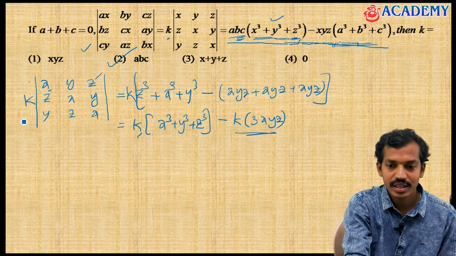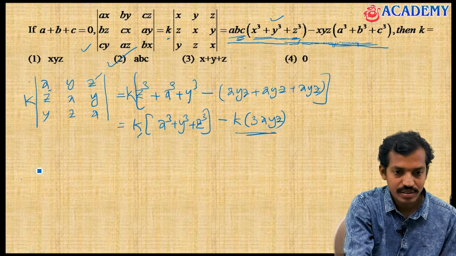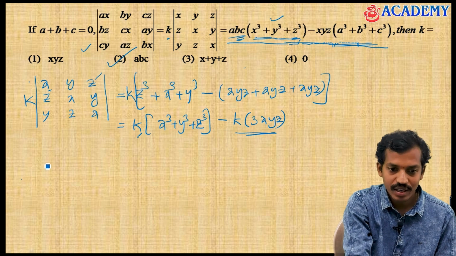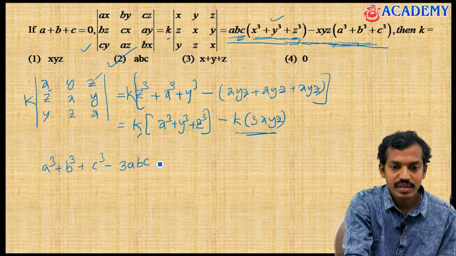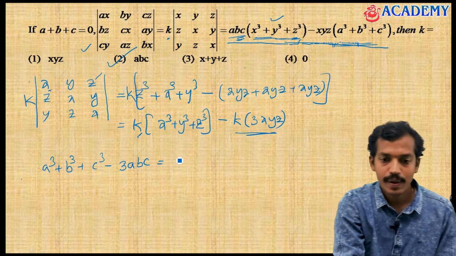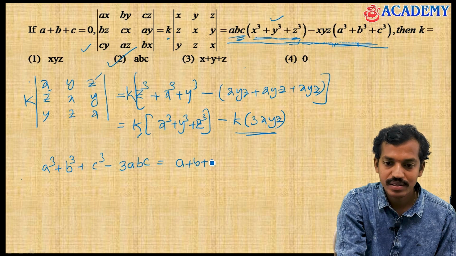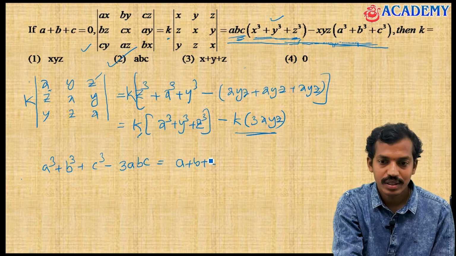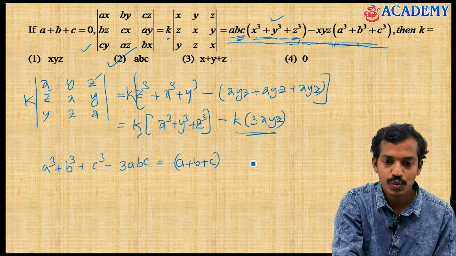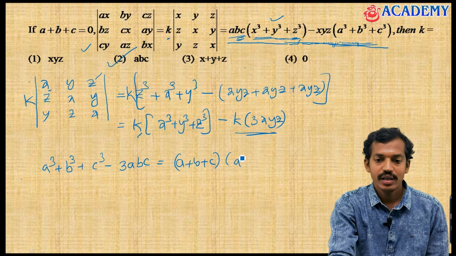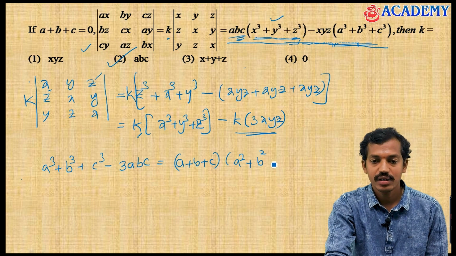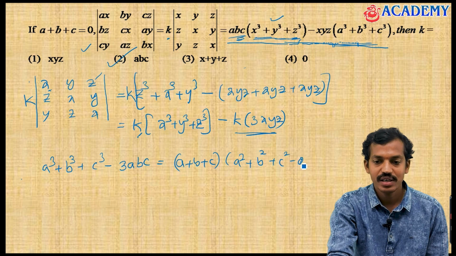Actually one formula is there, that I am writing directly here: a cube plus b cube plus c cube minus 3abc equals a plus b plus c into a square plus b square plus c square minus ab minus bc minus ca.